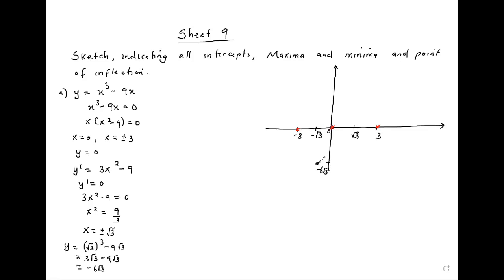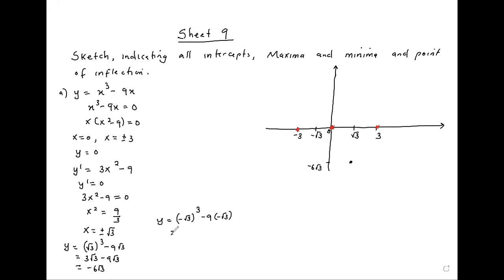And then when x is root 3, we have -6 root 3, on the right. So what happens when x is equal to negative root 3? We'll have negative root 3 to the power 3 minus 9 times negative root 3.